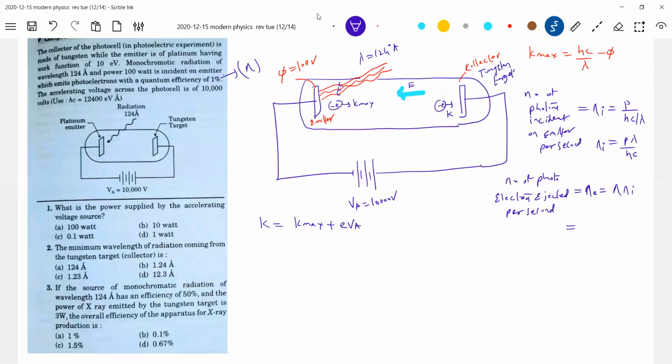What is the power supplied by the accelerating voltage source? How to bring that? Because of this, a saturation current will flow, I saturation. How to calculate this?